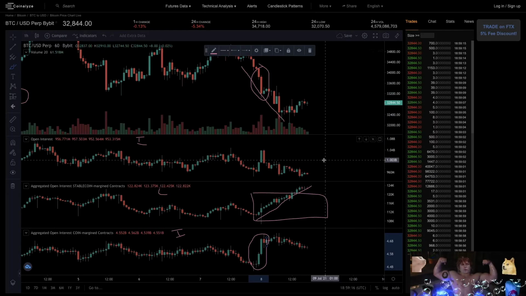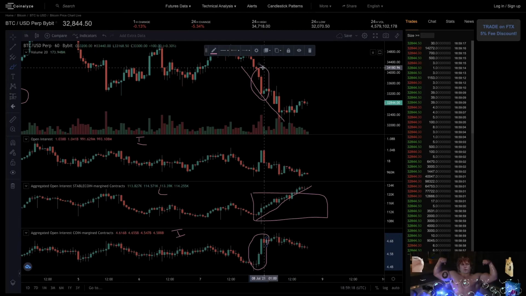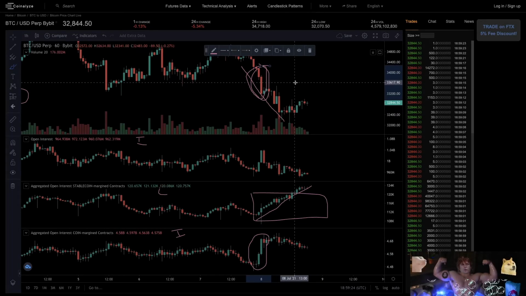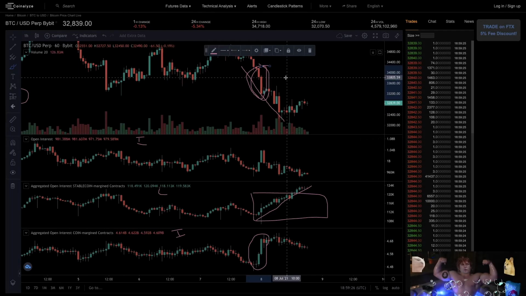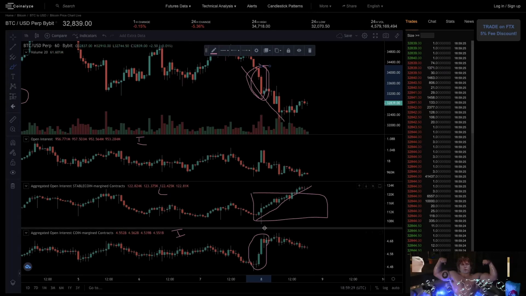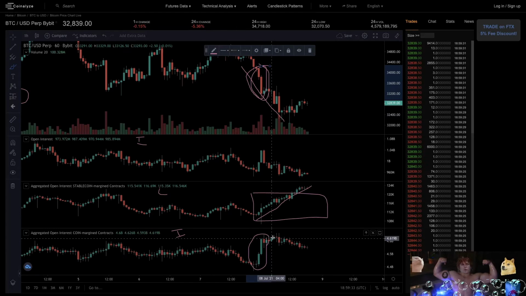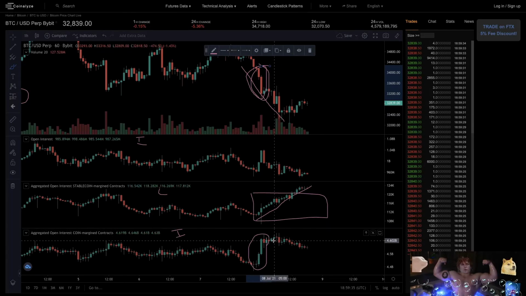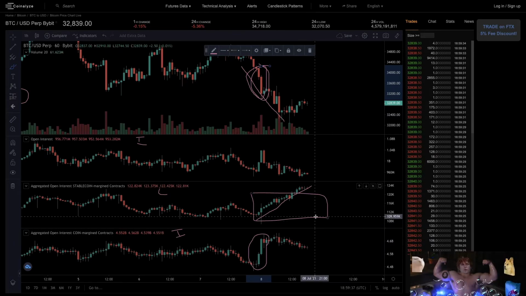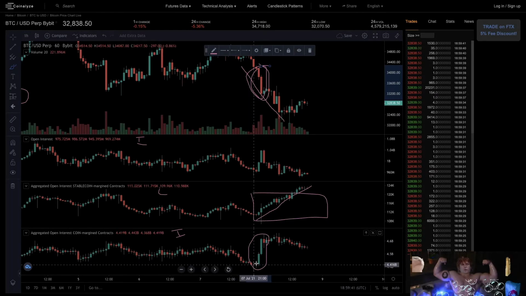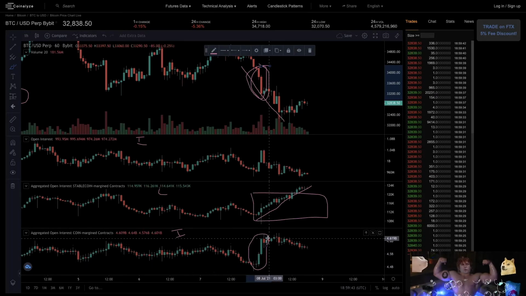The problem is the longs. There's $100 million of longs on inverse futures, and every single one of these positions has a non-zero liquidation price. That is the risk.